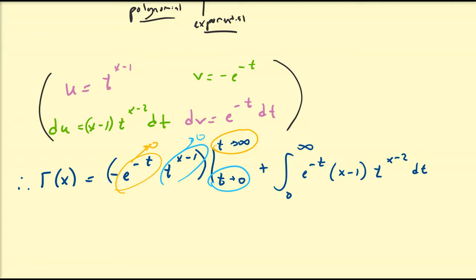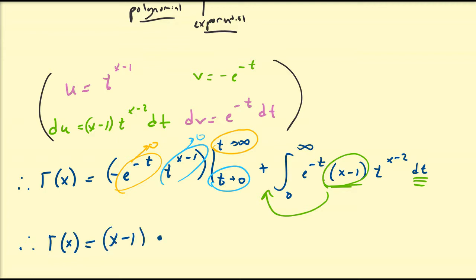If we look at the other part, x minus 1 is a constant with respect to the integral in t, so we can factor it out. So we have that gamma of x is going to be equal to x minus 1 times the integral from 0 to infinity of t to the x minus 2 e to the minus t dt.